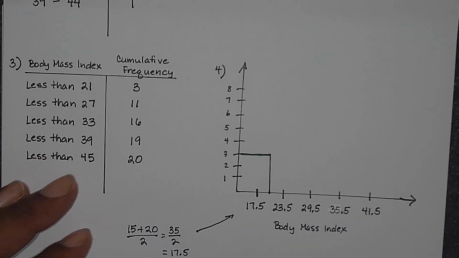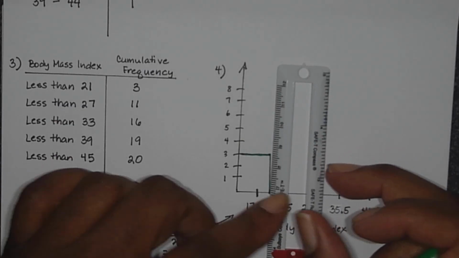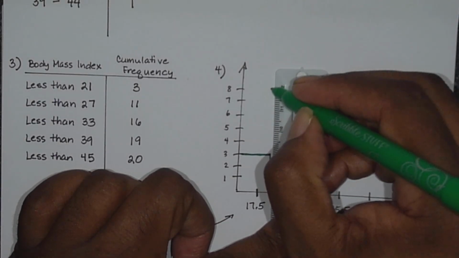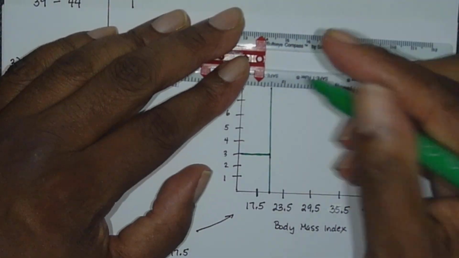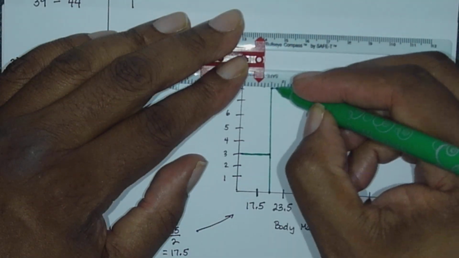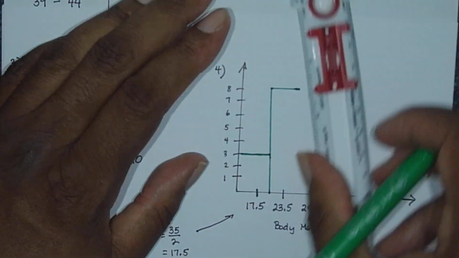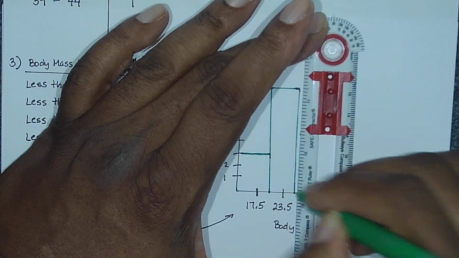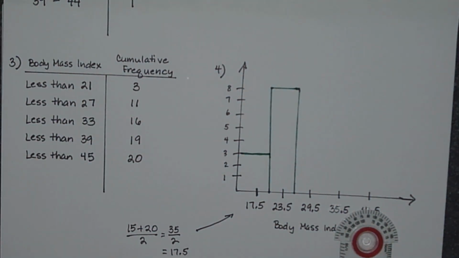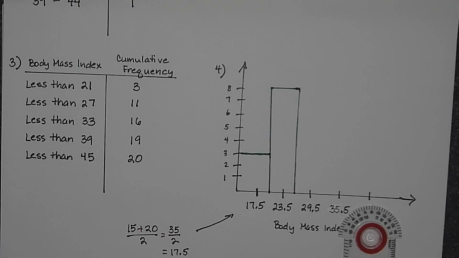So in this case, the vertical bar would be at the height of 8. Okay. And then for 29.5, that midpoint is for the 27 through 32, and its frequency is 5.